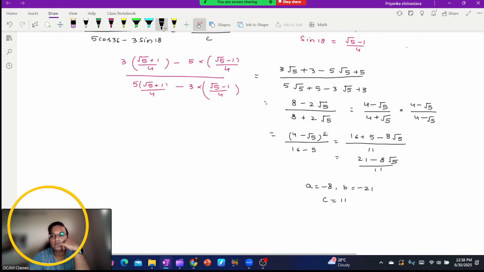And a plus b plus c will be minus 8 minus 21 plus 11. Or you can take 8 plus 21 minus 11. 29 minus 11, 18. 18 is the answer.